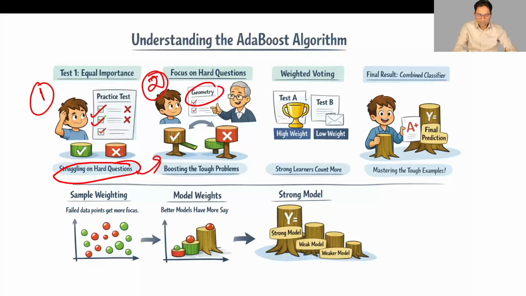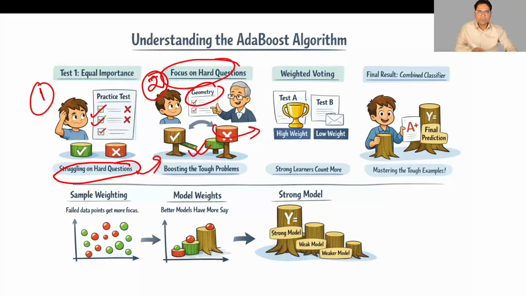Say geometry concepts are hard for him, so the weight of all those problems he made mistakes on will be increased. In the next exam he will focus on the hard questions and try to get them right. If in the next exam he makes mistakes on algebra, he will focus on algebra more. Now geometry is done. That's how you learn sequentially.